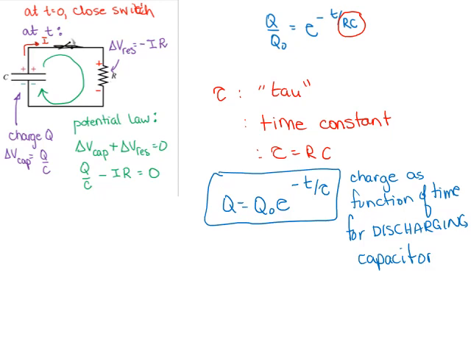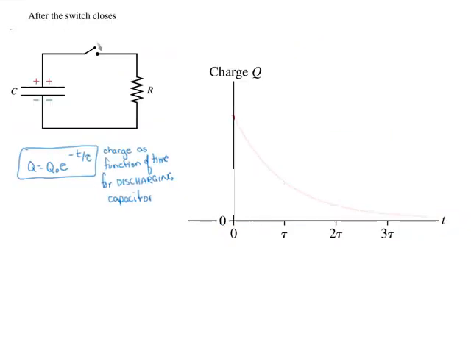Okay, so that's what we've got so far. Let's just see what this looks like, and let's think a little bit more about that tau and what that means. So if our charge Q on the capacitor at any time t is a constant times e to the minus t over tau, the minus tells us it's decreasing, and e to the minus t over tau tells us that it's decreasing exponentially.